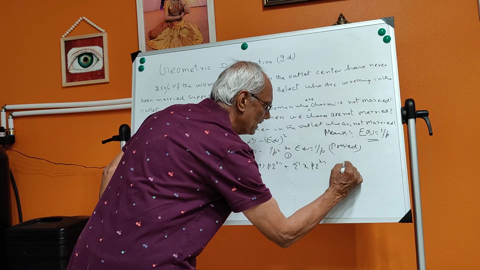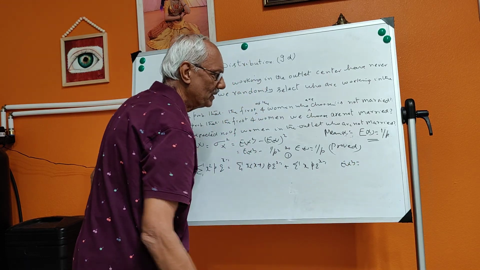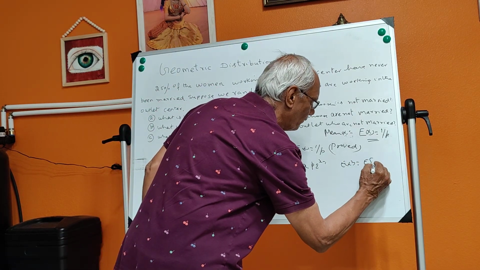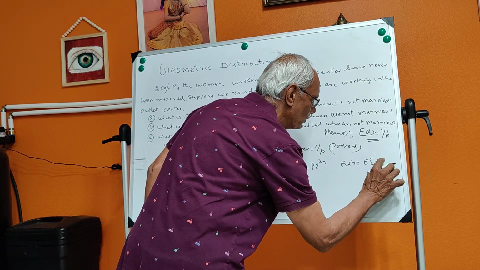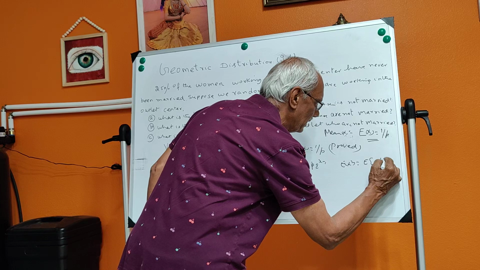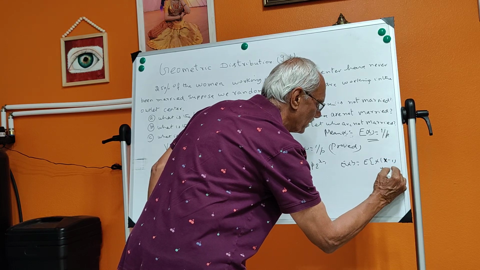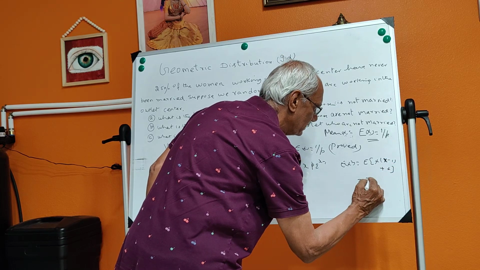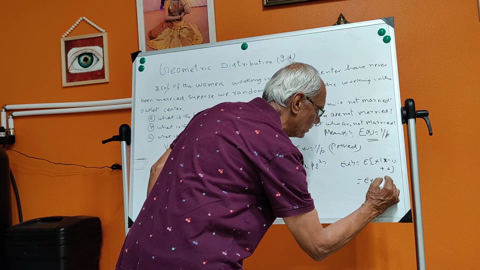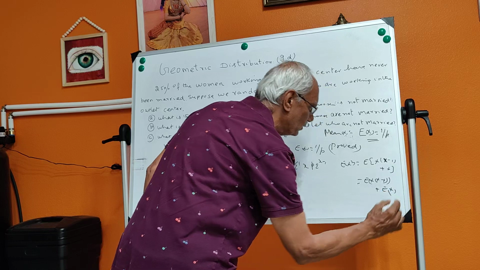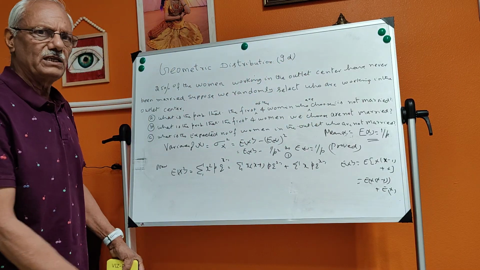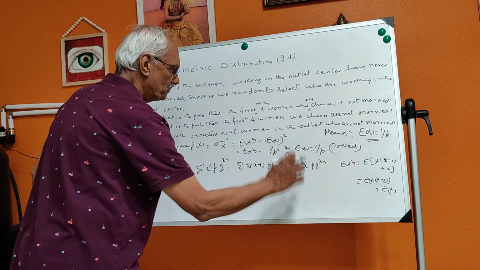See, here you see that E of x squared can be written as E of x into x minus 1 plus x. So this is equal to E of x into x minus 1 plus E of x. So using this idea, I am writing it here, and I am getting this particular result.